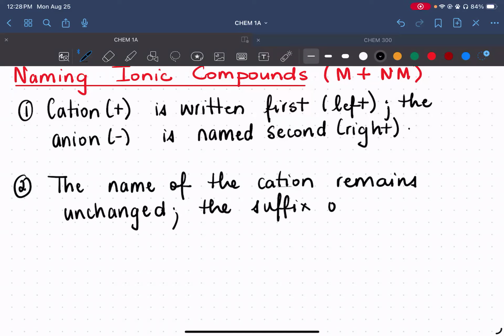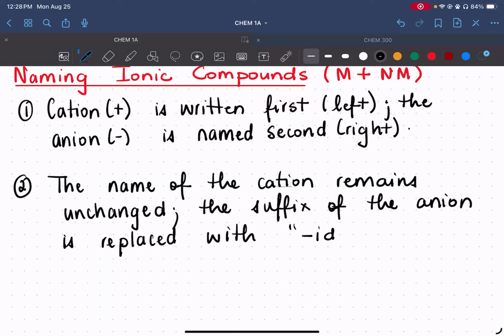The suffix of the anion is replaced with "ide." So the cation is written first on the left, the anion is written second. There is no change to the cation's name, but the anion, the suffix, is replaced with "ide."